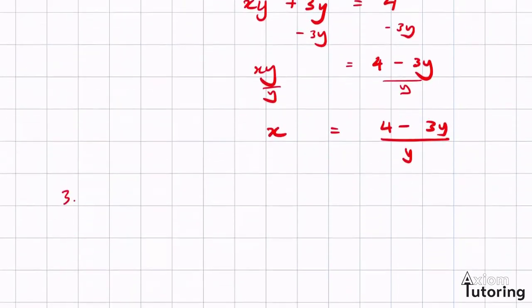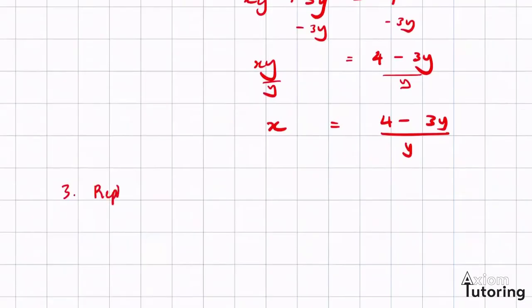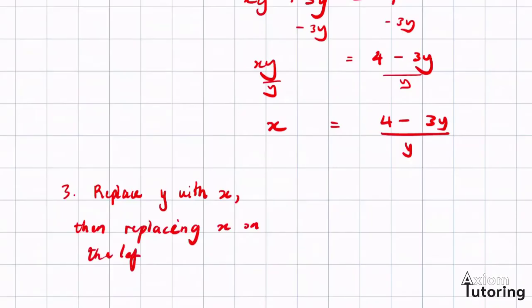Applying step 3, we replace y with x, and then we equate it to our inverse of f. So essentially what we're doing here is replacing x on the left with inverse of f, the inverse function of f.